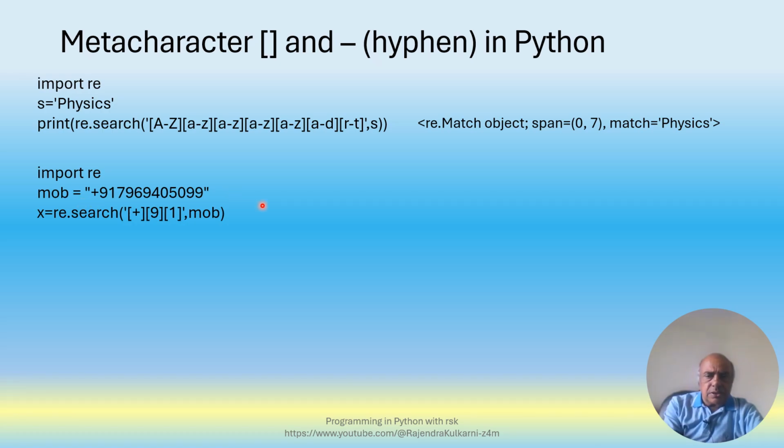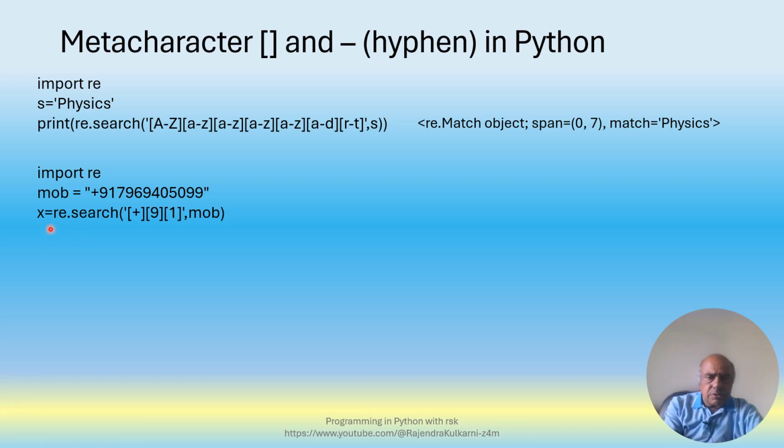Now let us see another program. A string mob is assigned with some number. This is some random number representing a mobile number for this program.